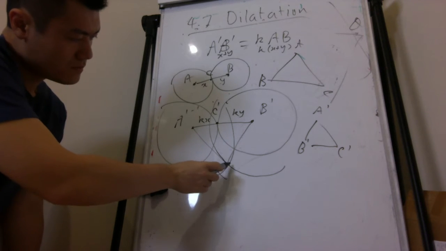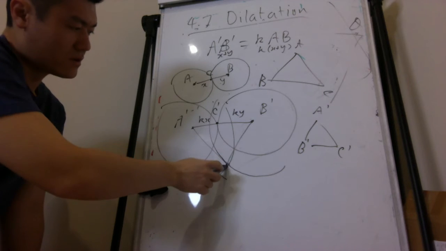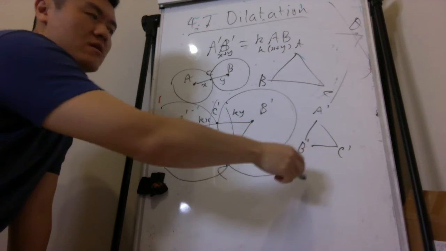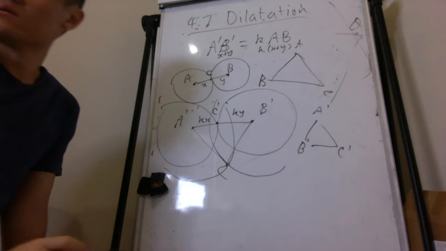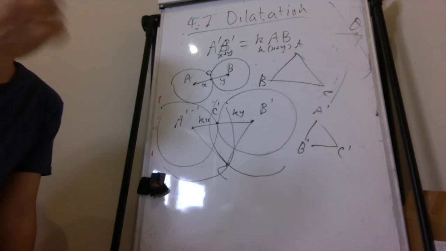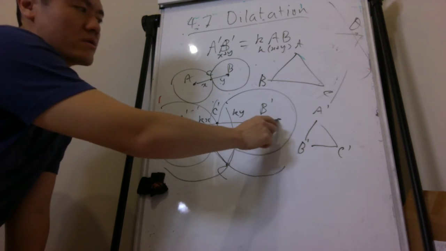So it has to lie on the intersection of these two circles of appropriately magnified radius. It could be on the other side, yeah, but similar triangles can be on the other side too. So it could be here even, right?